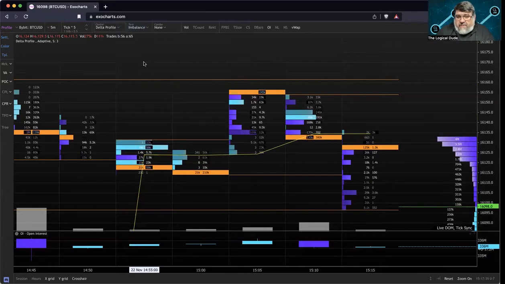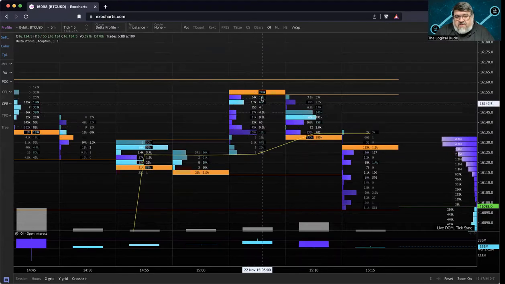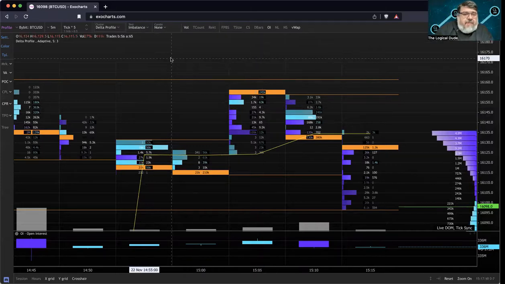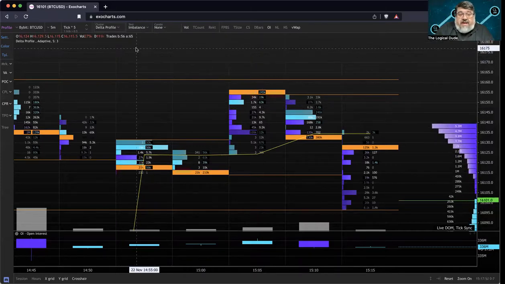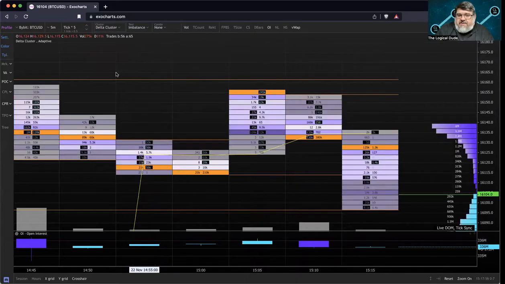And then you have what's called imbalance. That's what I like to look at, the imbalance. The imbalance shows you where it's a heavier buy or heavier sells. You can see the different colors and the numbers, showing if it's got more sellers versus more buyers in that area. All right. So I like looking at imbalance. And then I actually like coming down here and looking at the delta cluster.